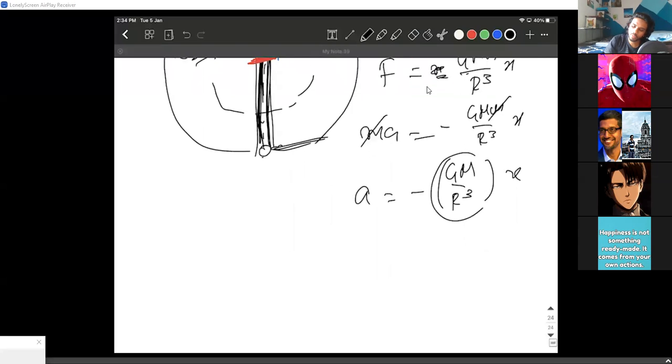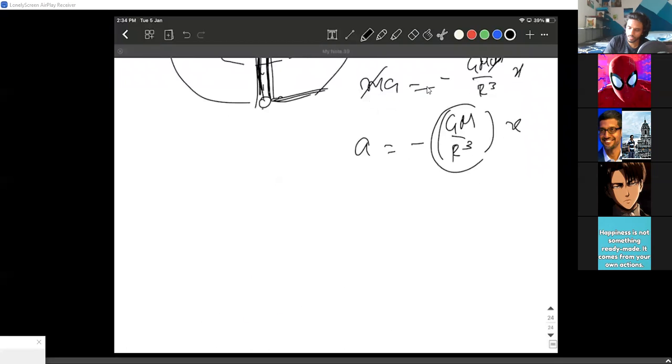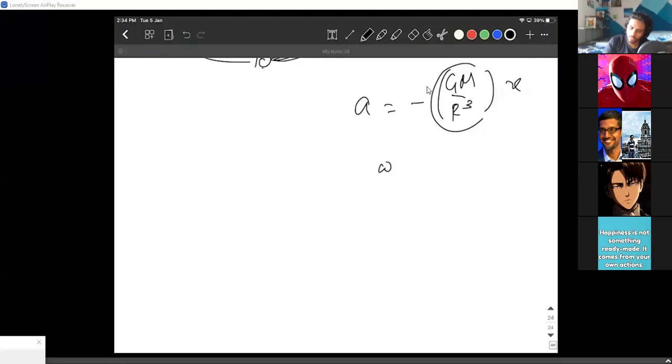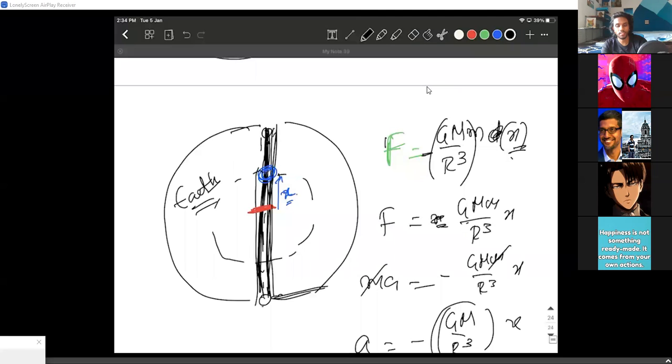So GM by R cube is simply omega square. So the time period will be 2 pi root over R cube by GM. This is the time period with which it oscillates along the tunnel of the earth.